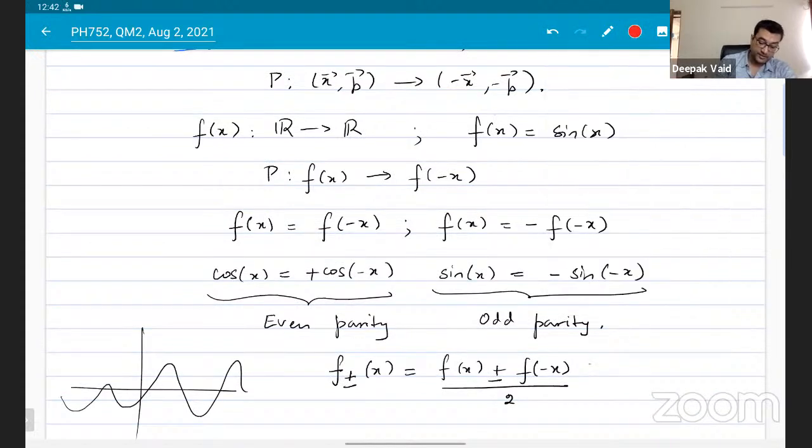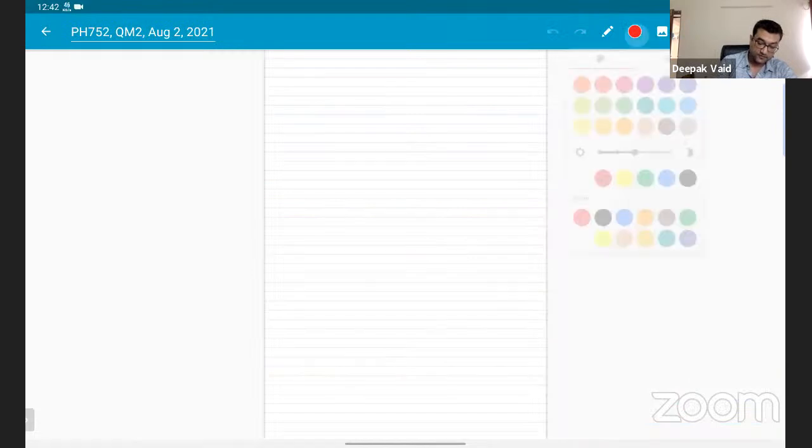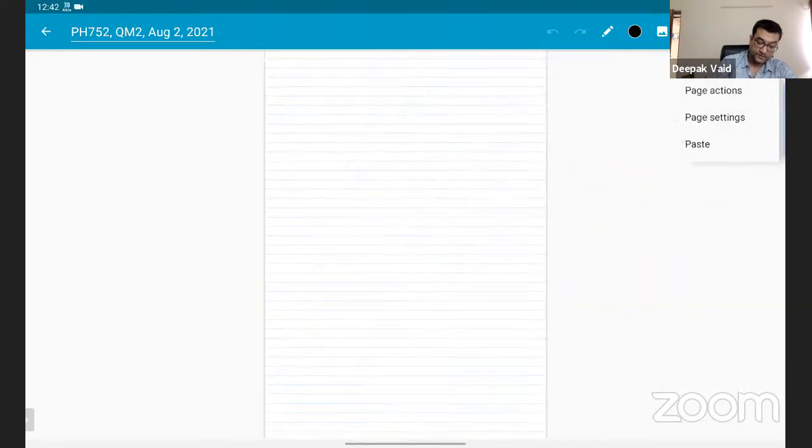And then, exercise: show that the parity operator acting on this function will just give you plus or minus of that function, right? I think this is something that is straightforward to see.